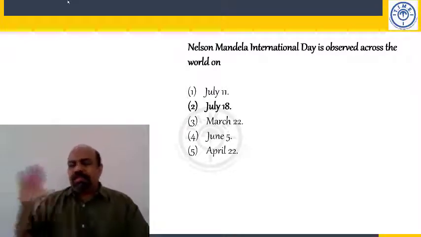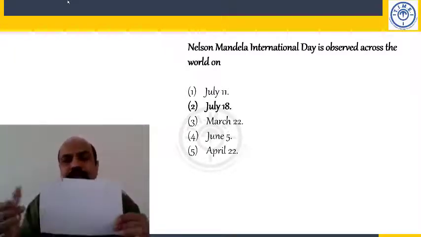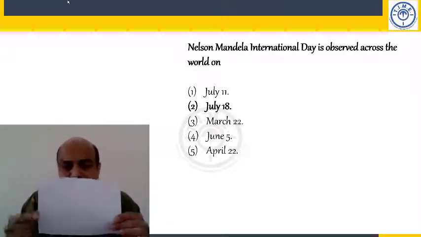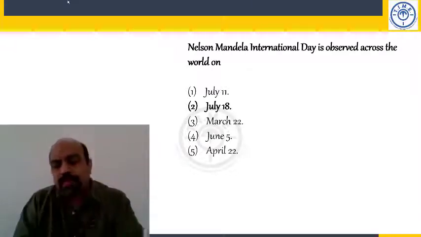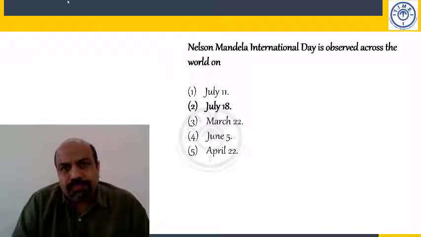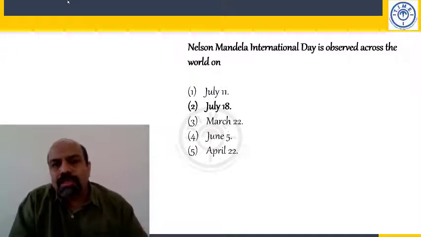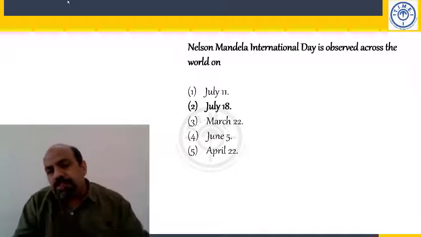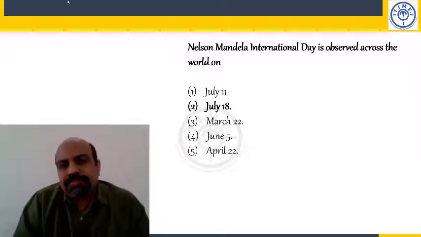On the board they would write: blacks, Indians and dogs not allowed beyond this point. This is the policy against which Nelson Mandela fought.